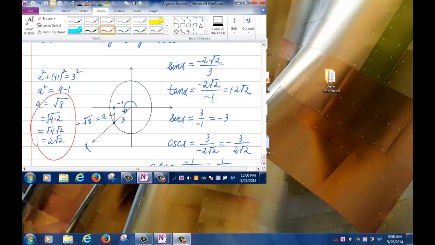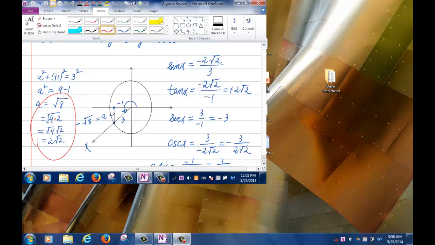After I apply it, I get root 8, but then when I look at the coordinate of this point, I have to write negative root 8. So when I apply the Pythagorean theorem, I'm taking all the sides to be positive, but when I translate that as the coordinate, I'm making it negative.